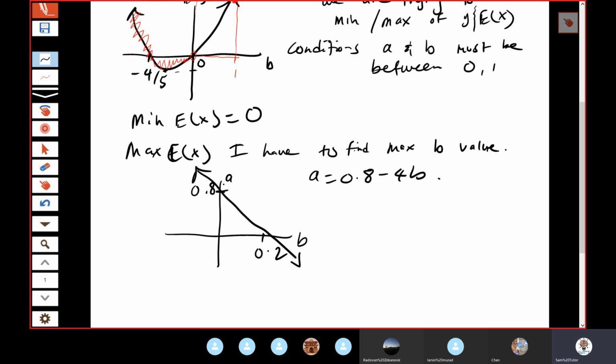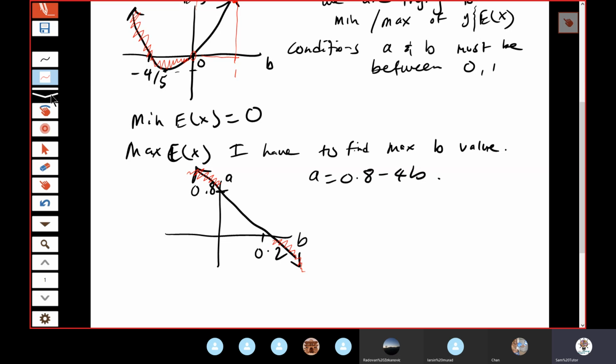So a can never go past 1, and it can't be negative. So this bit's cancelled out for negatives, and same thing with b. It can't go past 1, and it can't be negative either, so all of that's wrong. I'm just trying to work out within this section here what's the largest b value I'll have.